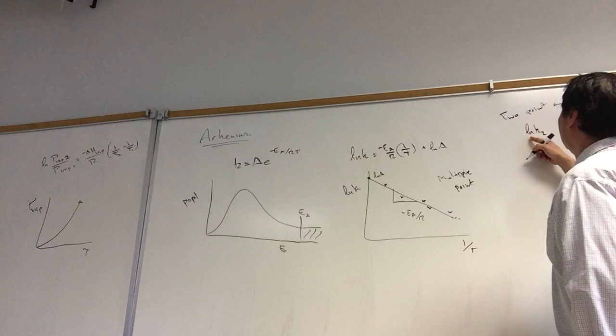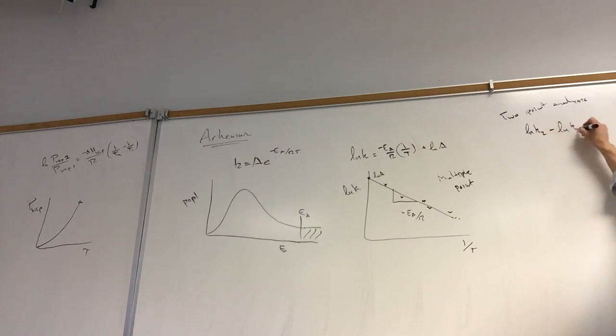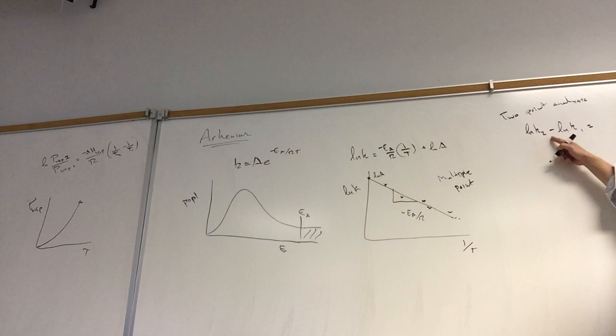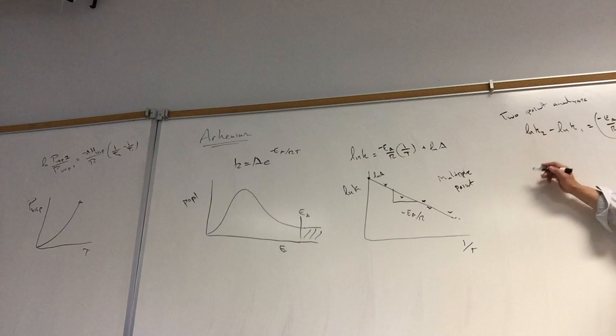This is common. You take ln of k at temperature 2 minus ln of k at temperature 1. And so ln of k at temperature 2 is just minus EA over R, 1 over T2 plus ln of A. And that's minus ln of k at temperature 1, which is minus EA over R, 1 over T1 plus ln of A. What this does is we can use the property of logs here.